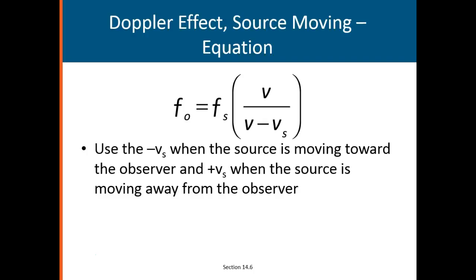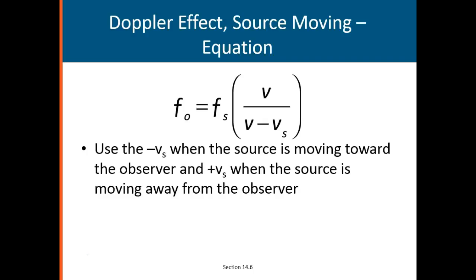The denominator here is the actual speed of the wave minus the speed of the source because it's moving in that direction, and that's what gives you the difference. You use the minus v sub s when the source is moving toward the observer, and plus v sub s when the source is moving away from the observer.